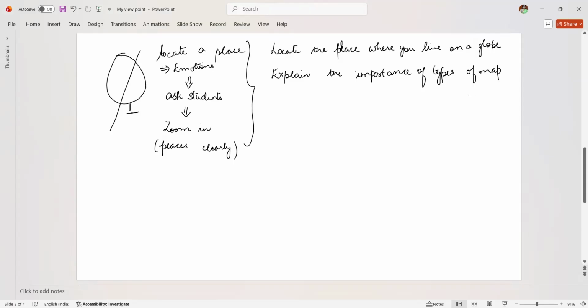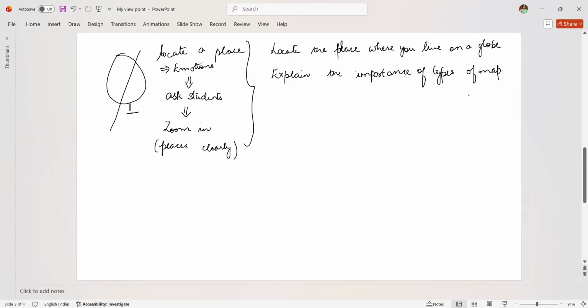Now this becomes my next objective. Why? When we talk about locating places, for example, I am taking Delhi in India as an example. On the globe, locating Delhi is difficult. So when I zoom in, I can locate Delhi. Now, that is one part.